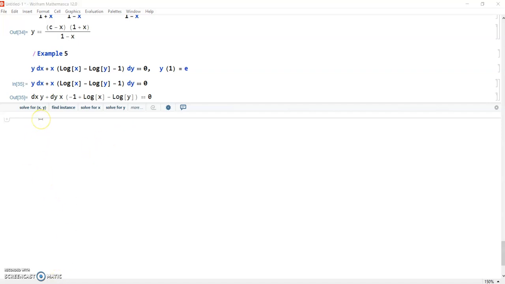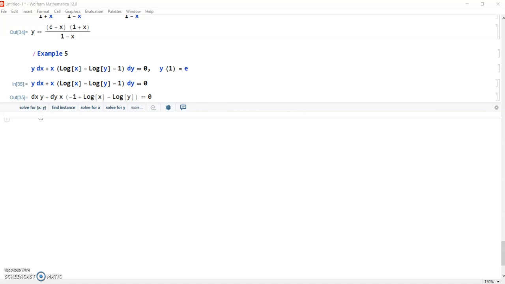Okay, so for the substitution we will apply, you can either apply the substitution u is equal to y over x, or u is equal to x over y. So any of these substitutions can be applied. In this case, maybe we can use this substitution u is equal to y over x.